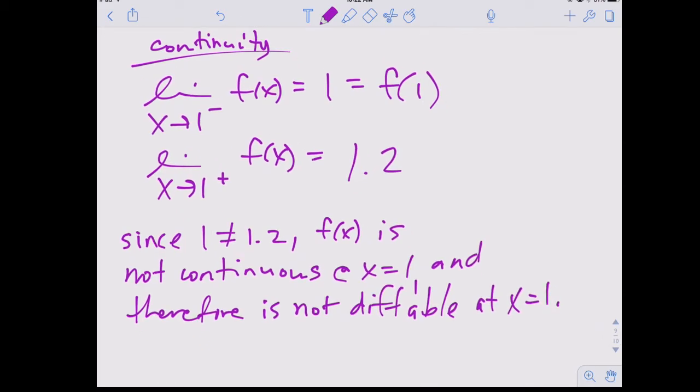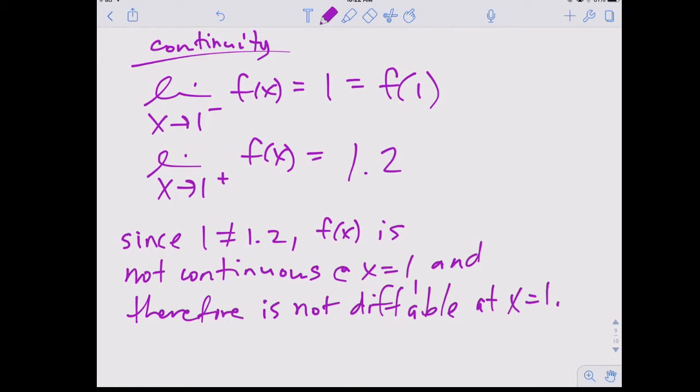So if I ask you, like on a quiz or a test, to determine if a function is differentiable or not, you could always check for continuity first. It's a little bit faster. It's a little bit easier. And if it's not continuous there, with the right things labeled and the right justification, then you can say it's not differentiable.